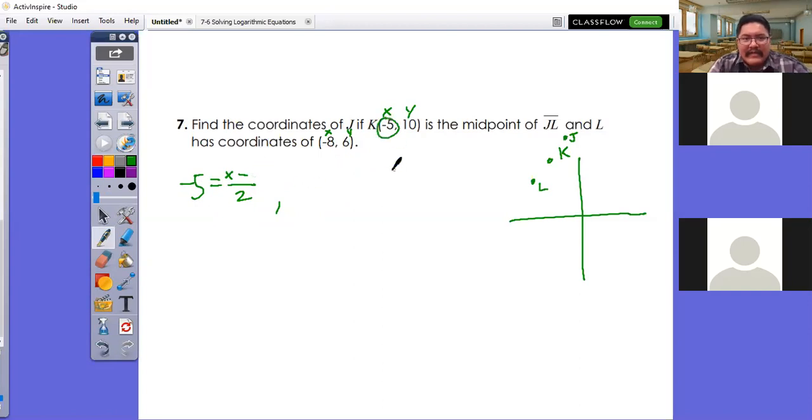We know that it's -5 and the other midpoint is 10. So we put them in like that. And this would be Y, and we're going to have to use the Y's of the other one, the one that's not the midpoint. So in this case, that'd be 6, and this one would be -8. And the bottom number is always 2.